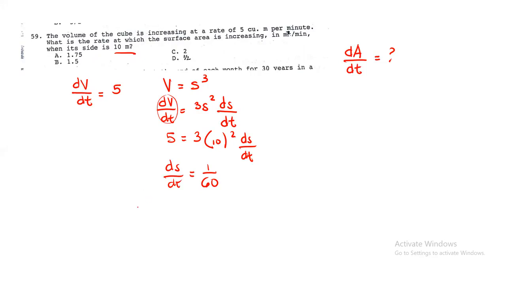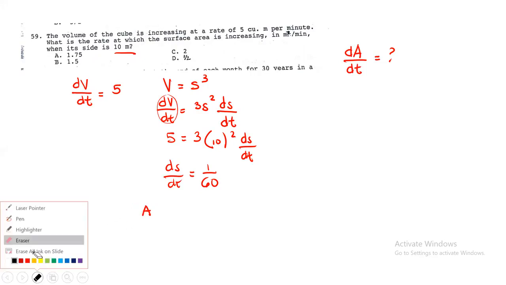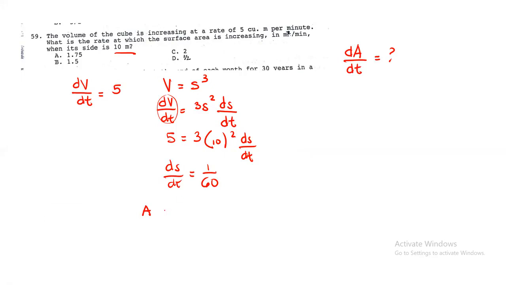Then, surface area ng cube, A_S na lang. Surface area ng cube is equals to 6s squared, di ba? So, derivative natin yung A with respect to time is equals to 12s times ds over dt. Huwag nyo kalimutan ds over dt.